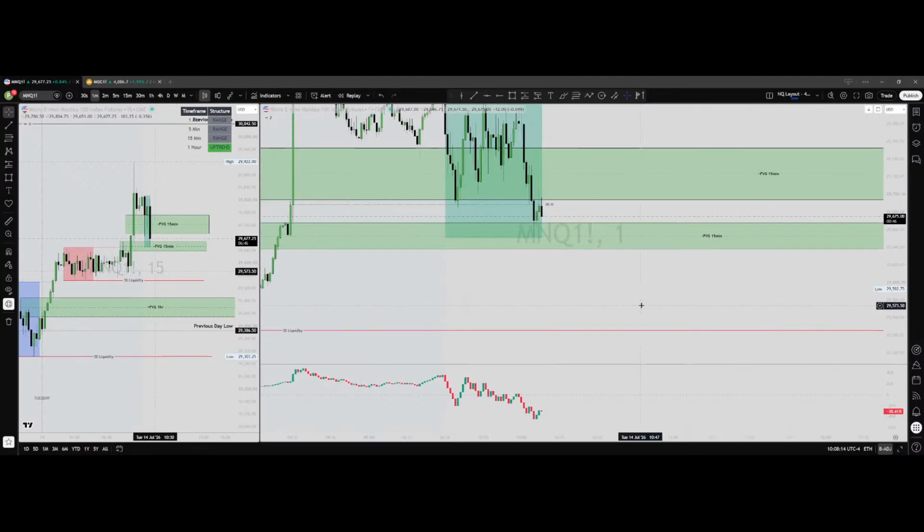There might be a chance that we can get a good signal here, a small breaker block formation taking down these lows, but let's say if it forms like that.